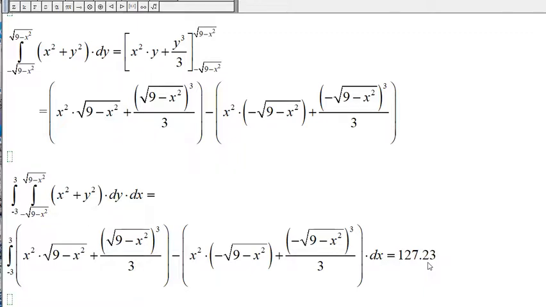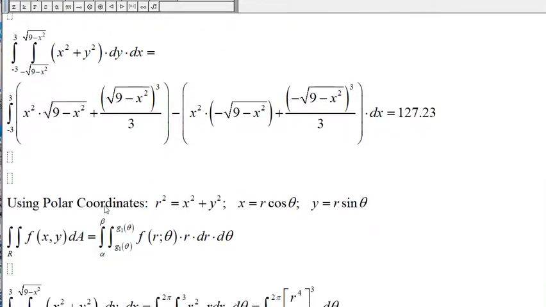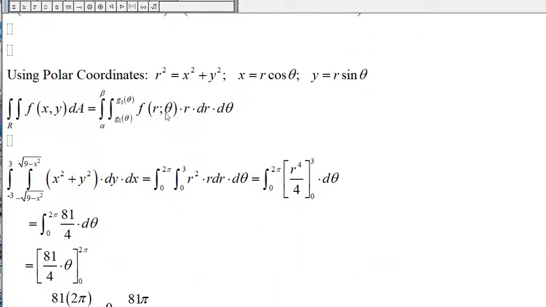And now let's evaluate this double integral using the polar coordinate system. So recall that the relationship between the rectangular system and the polar coordinate system is r squared is equal to x squared plus y squared, where x is equal to r times cosine theta, y is equal to r times sine theta.